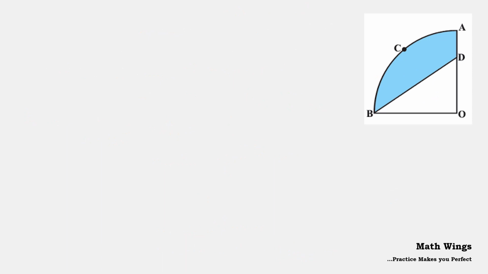Correct? Fine. So let us find the area of the shaded region using this formula. Okay. Now, as we already saw, this is 3.5 centimeter and this is 2 centimeter and angle O is equal to 90 degrees. So we got the area of the sector as 9.625 centimeter square. Now let us find the area of the shaded region.